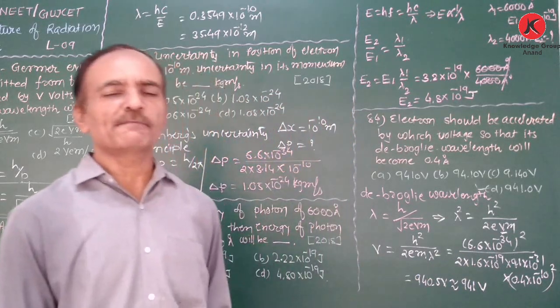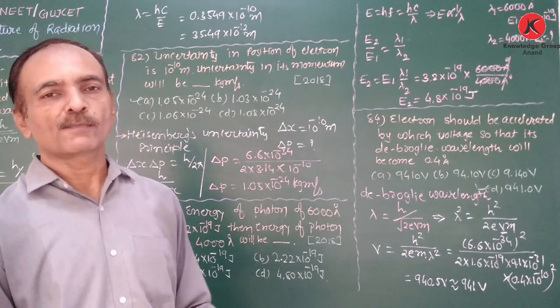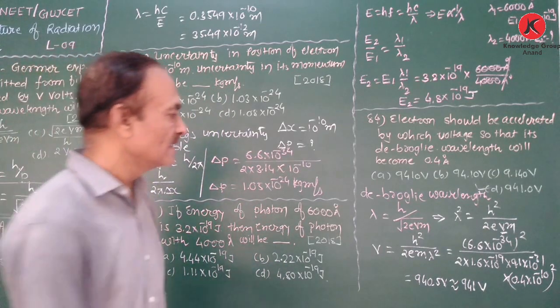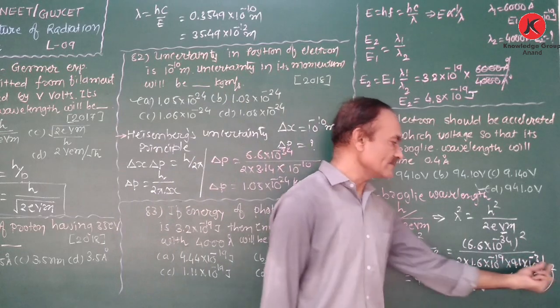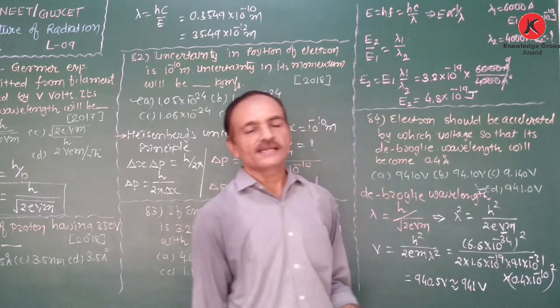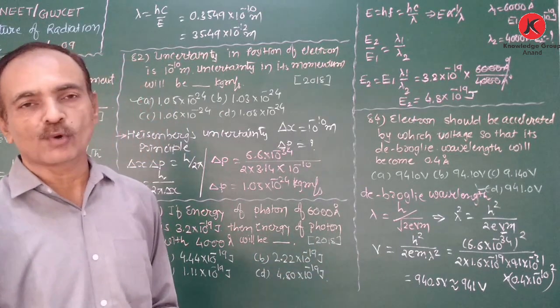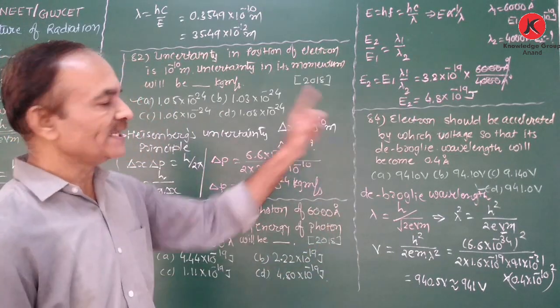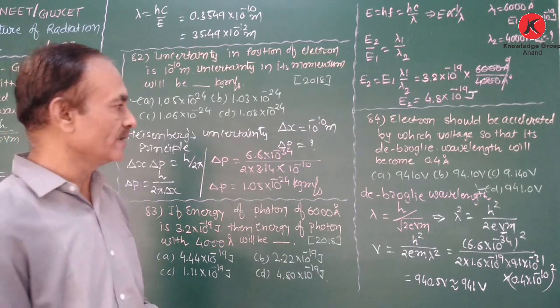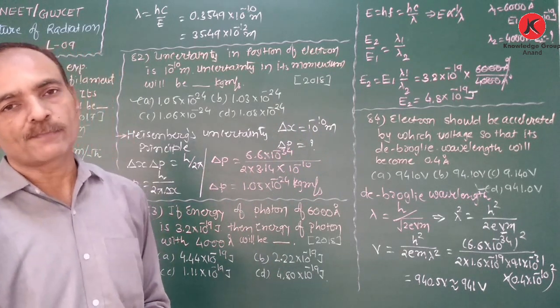Lambda is given as 0.4 angstrom, converted into meter, 0.4 into 10 to the power minus 10 meter, and whole square this. Therefore, 940.5 volt, which means 941 volt is required to obtain the de Broglie wavelength of an electron equal to 0.4 angstrom.